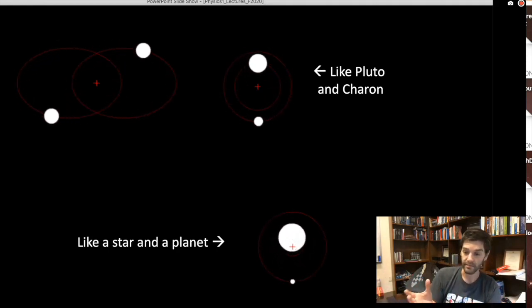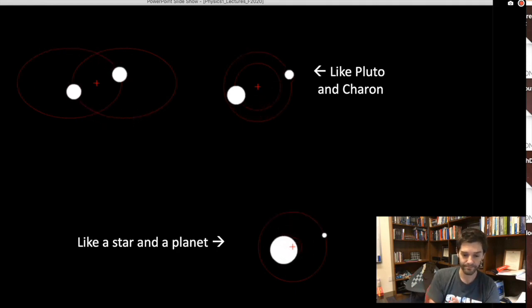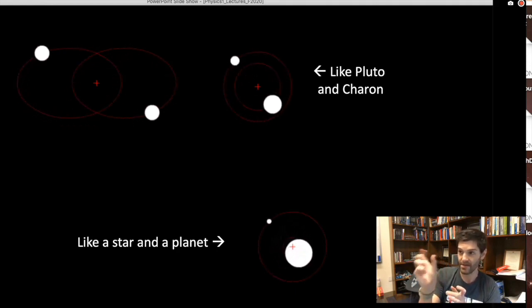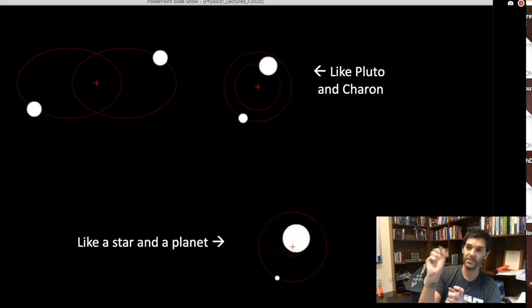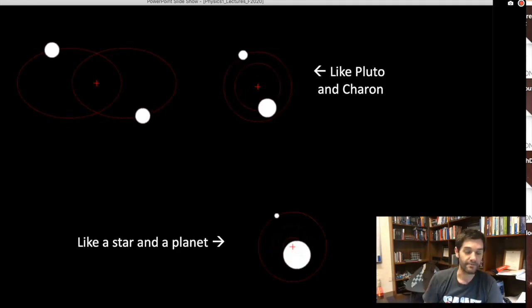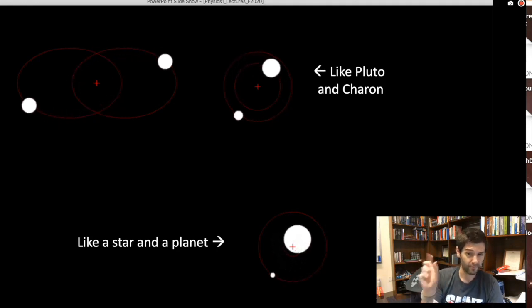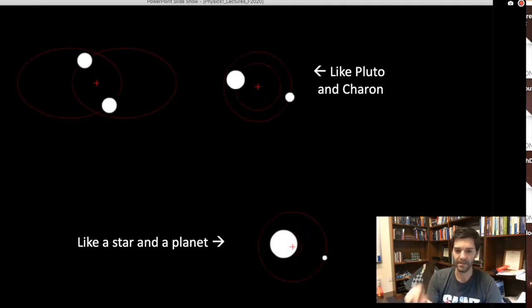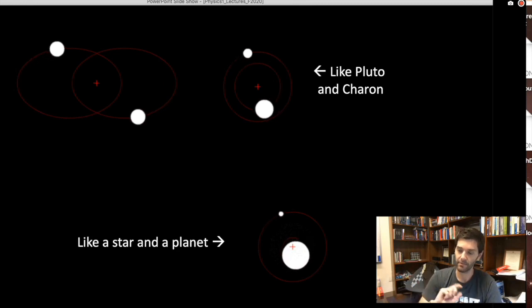They are wobbling because something must be pulling on them. So they could measure the amount of wobble they see from the star and essentially work backwards and figure out that, okay, if we're seeing that amount of wobble, that means there is a planet that is this big and this far away from that star.